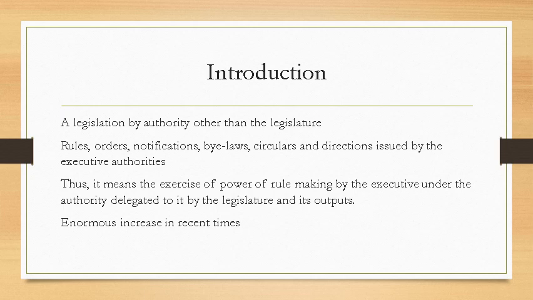A rule is a general norm under a particular act, whereas a regulation is a specific norm under the act which is more controlling in nature. Bylaws could be regulations made by a local authority or corporation, for example, bylaws of a housing society. Then circulars are the internal memos which provide for clarification on certain issues or a written statement of government policy.